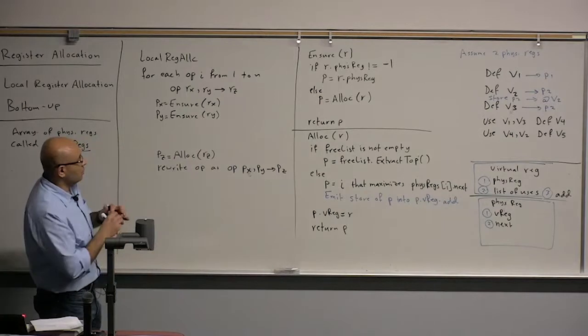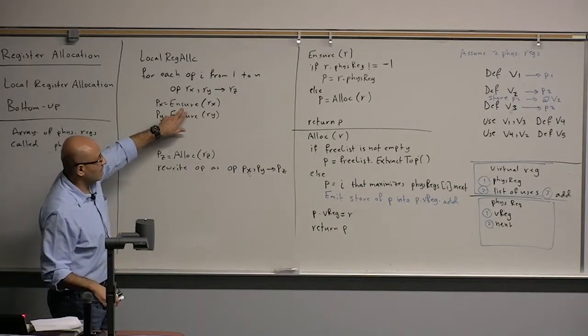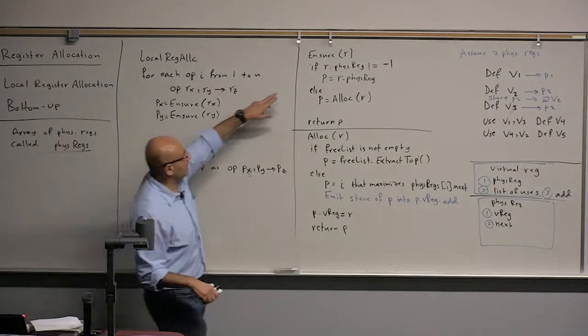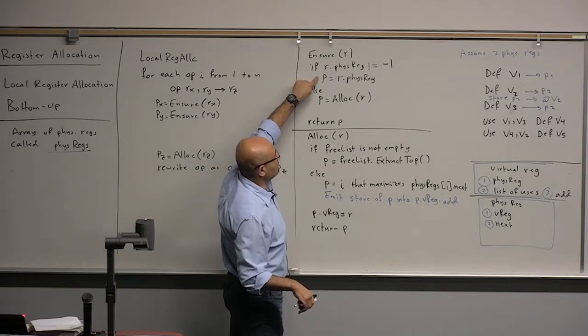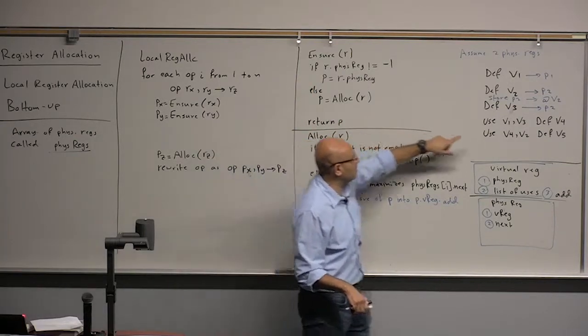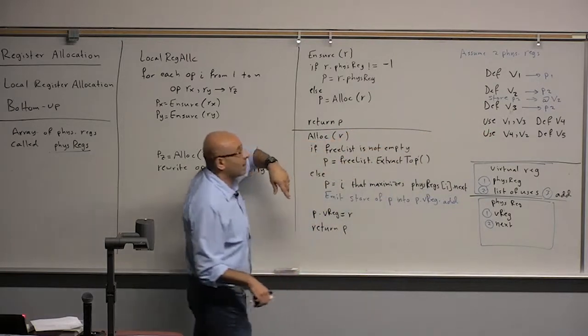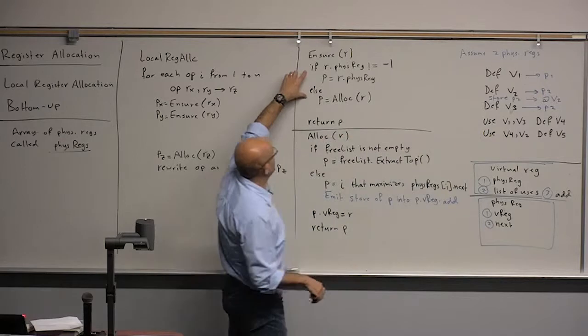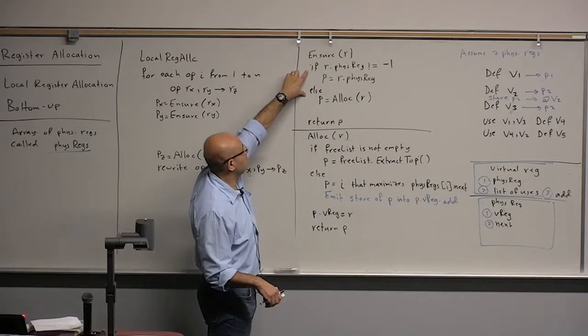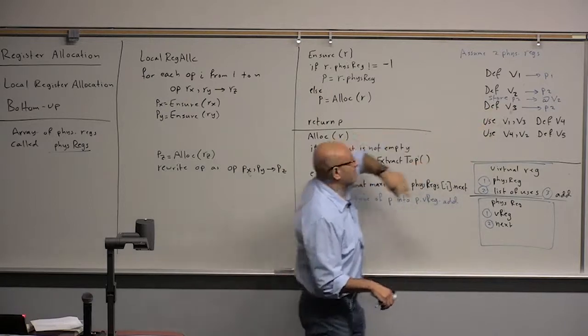When we call ensure, it is going to look at the physical register, if there is one. For V1, what will happen here? Will it be if or else? If. Because V1 is already in P1, it did not get spilled.